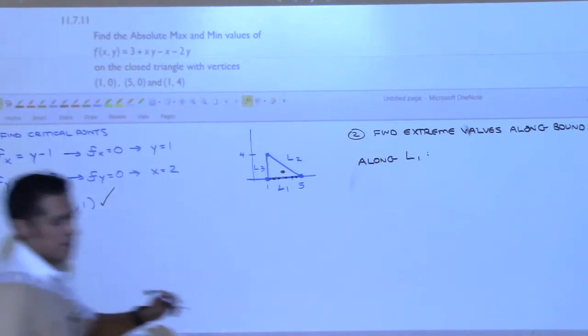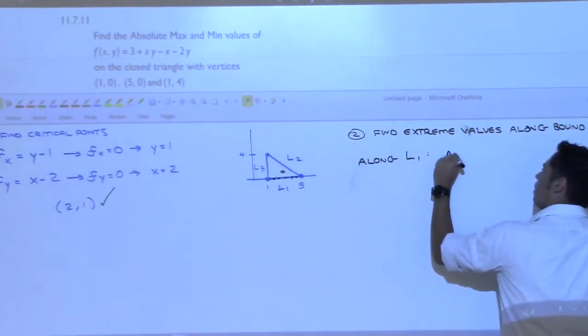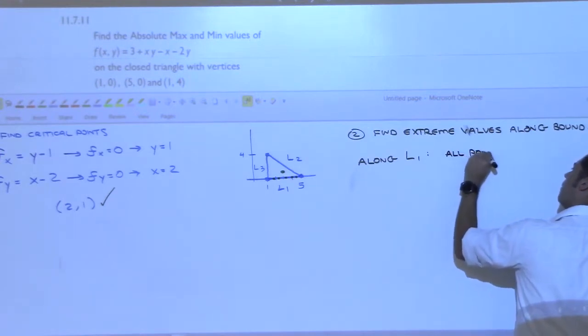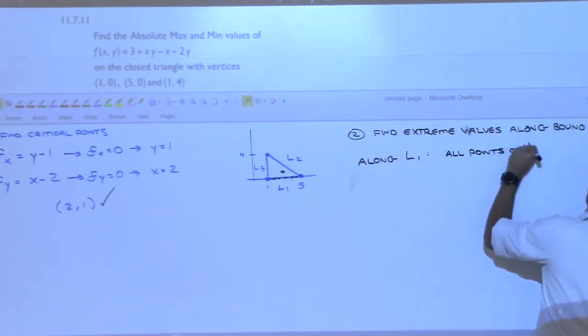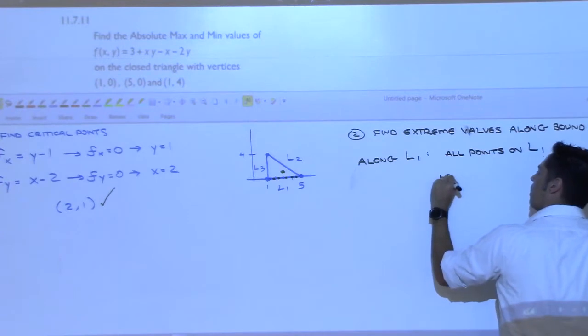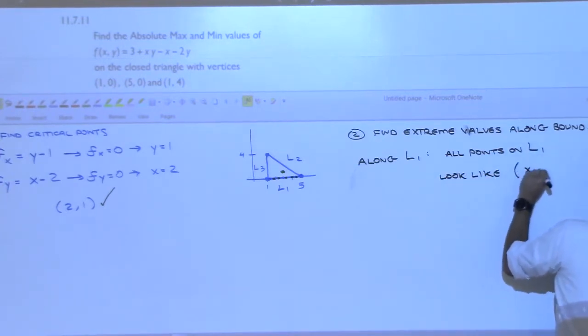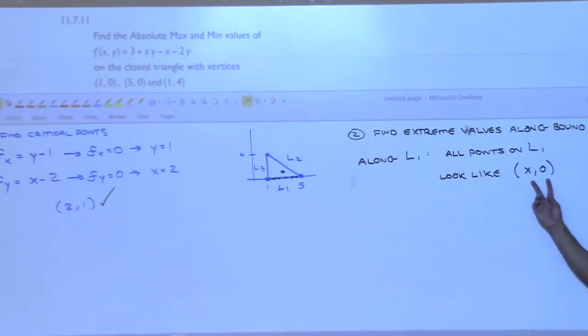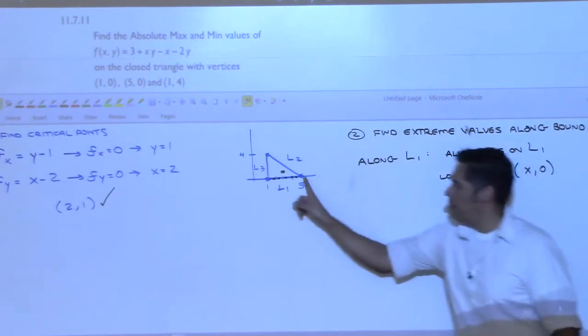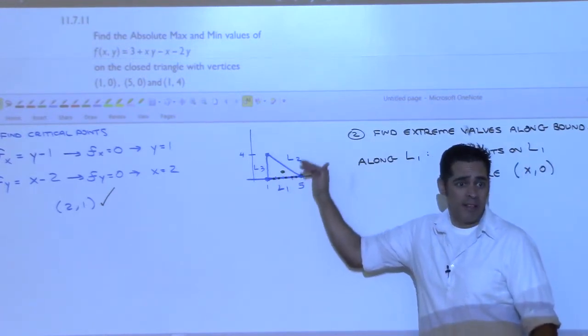So all points on L1 look like this: x, 0, because the y coordinate has to be 0. You have an x coordinate, whatever that is, and then your y coordinate has to be 0.